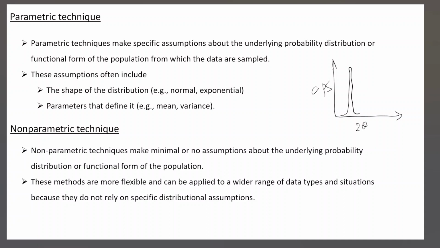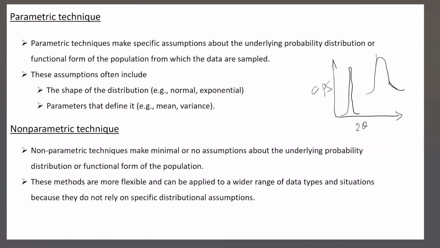If we want to fit this peak, it has to be compared to some function, so then only we can fit this. For this, it closely resembles the Gaussian distribution.